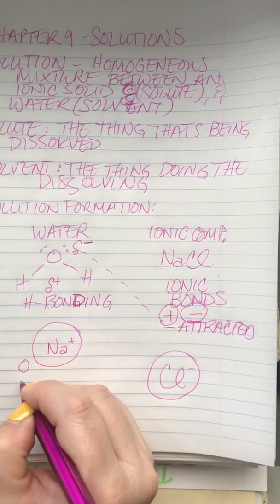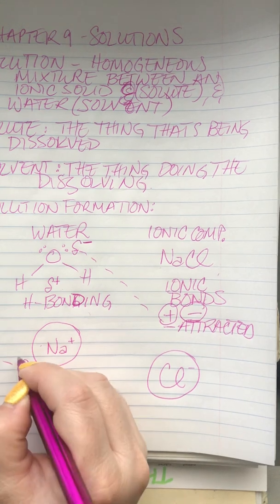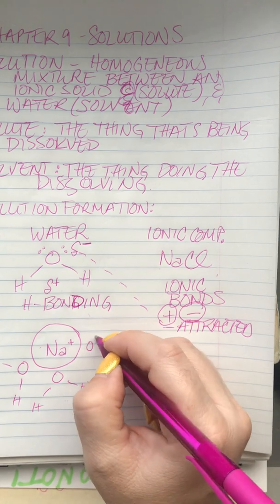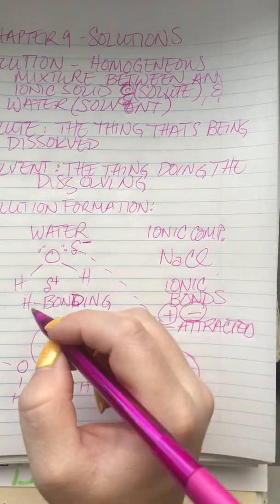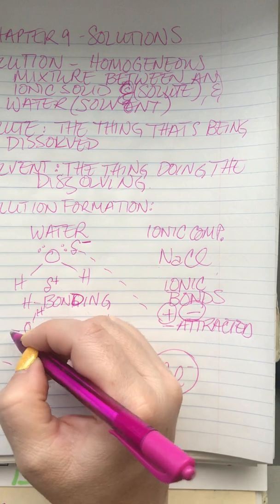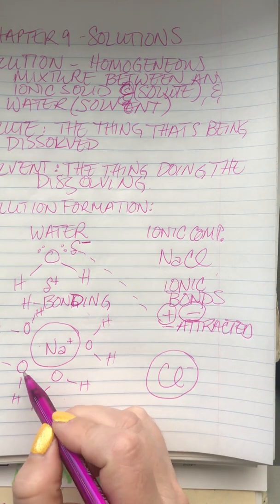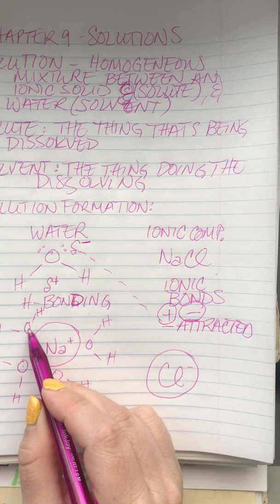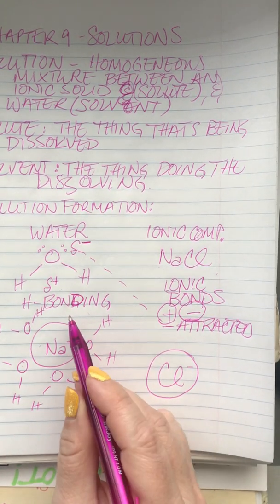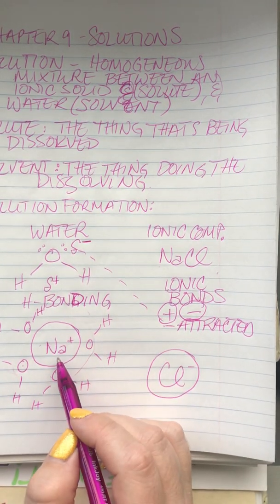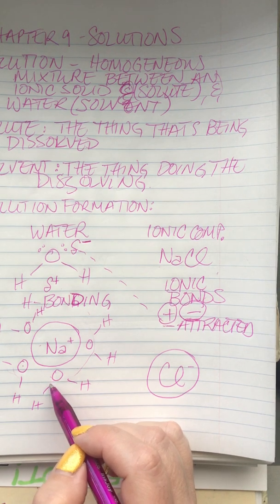So the oxygen part of water is going to line up around this sodium ion. And what that does is make a little water blankie around your ion. So all of these little negative charges, not full, not formal, but just partial charges, add up to basically help neutralize this ion when it's in solution. Does that make sense, guys?